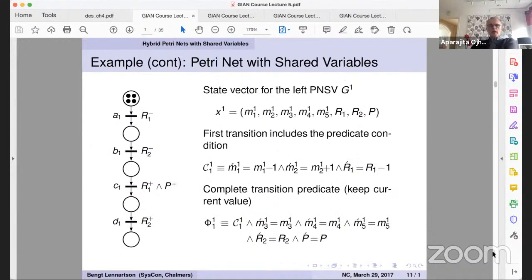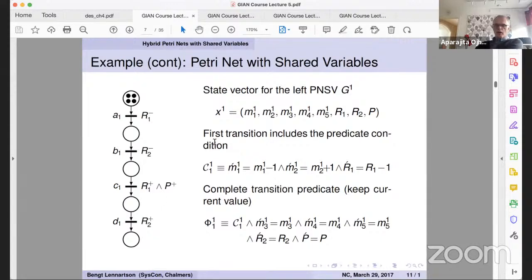So in this case, for this local Petri net, we have 5 marking variables, one for the first place, one for the second, third, fourth, and fifth. And the fifth is M15. And 1 here means the first, the left Petri net.